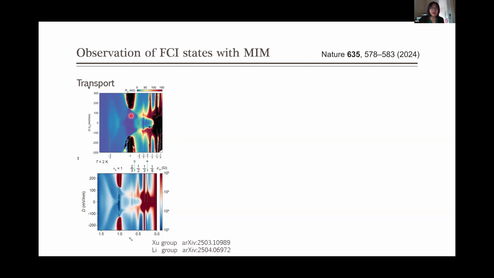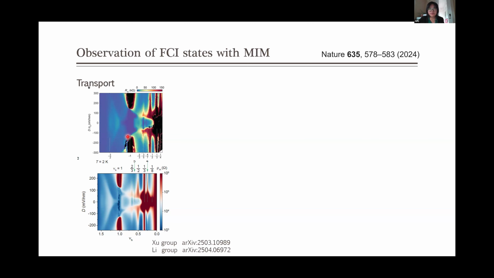On the other hand, although I'm not showing it here, rho xy shows up as a quantized value. But that not only happens at nu equals -1, but also at other fillings like nu equals -2/3 or nu equals -3/5. So these are the fractional states, while this is the integer state.